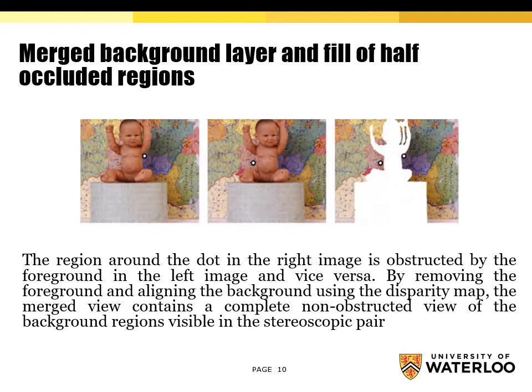So this shows that the regions that are covered by the foreground objects in one image but not in the other, those pixel information is still maintained without having to perform any extra warping step. And extra warping steps generally do not work well near the boundaries, and hence this is a way better method for performing this operation.